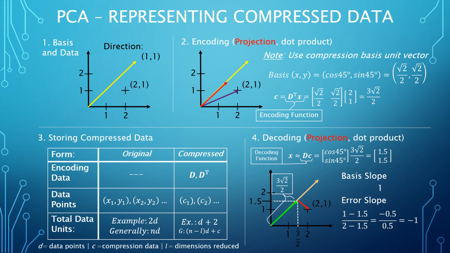And so, in that sense, we'll be skewing our encoding by changing the magnitude of the encoded value. So that's why we need to normalize our basis vector to a magnitude of 1, so that the dot product just maintains the magnitude, maintains the 90-degree perpendicular projection onto the basis.